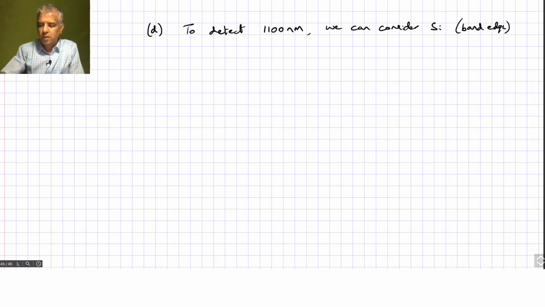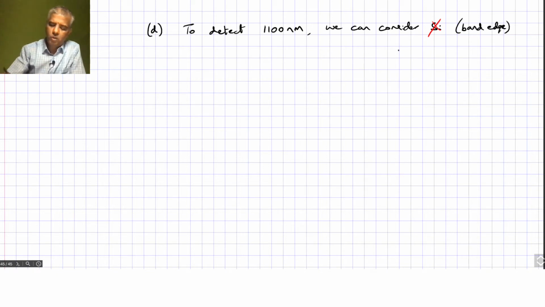That's the edge of the absorption. So it falls off in terms of responsivity very sharply around that wavelength. So we will say that maybe that's not as suitable, right?